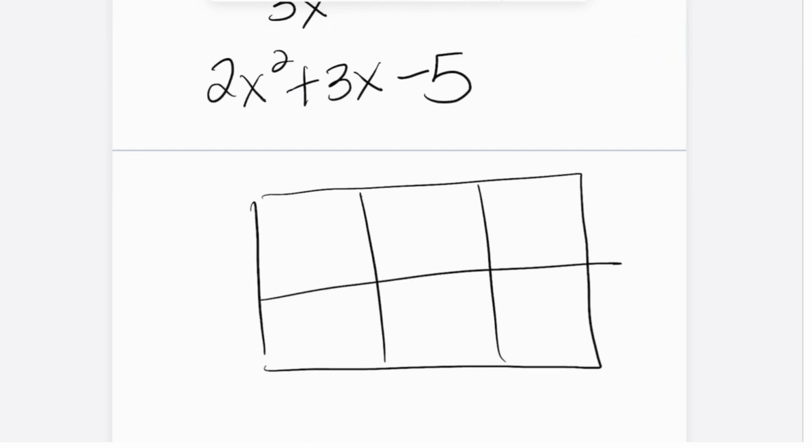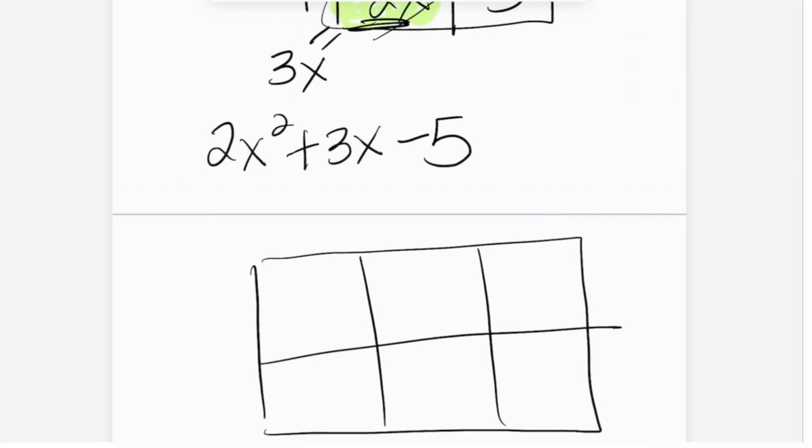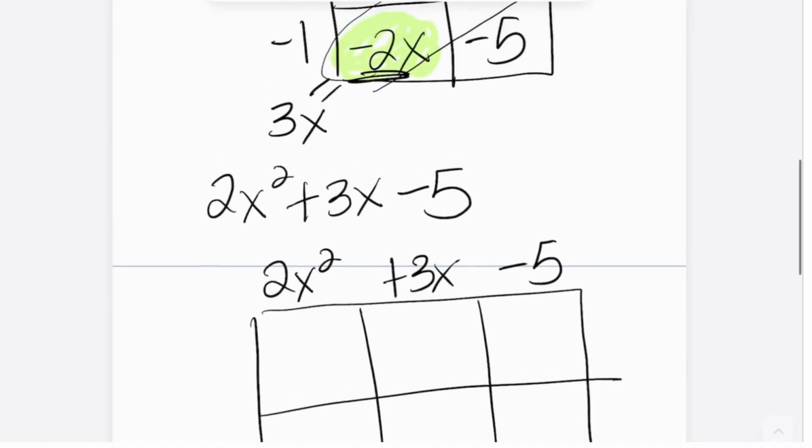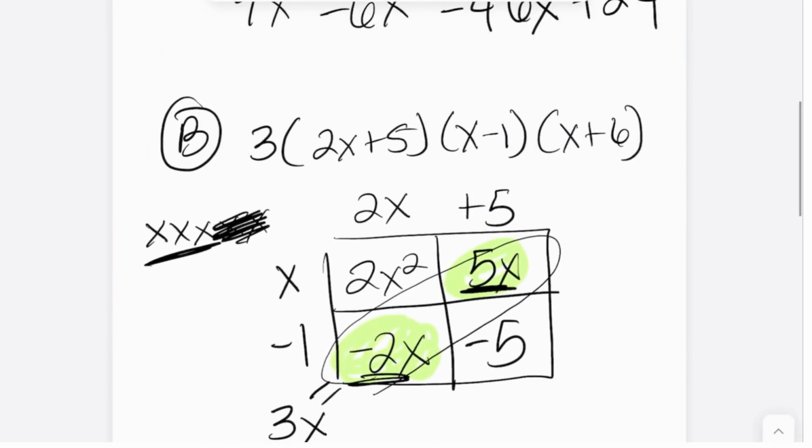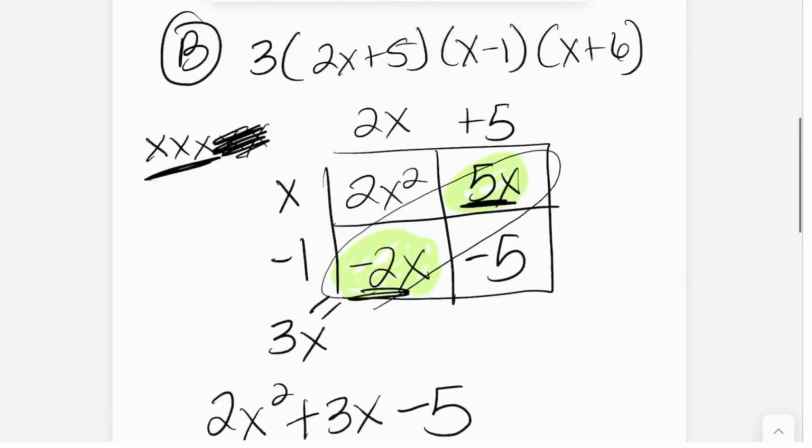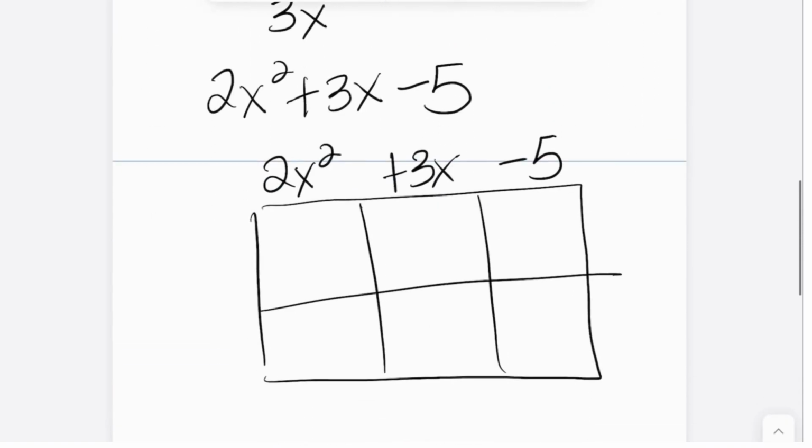So we're going to put 2x squared plus 3x minus 5 across the top. And then I'm going to write that last factor, x plus 6, down the side.